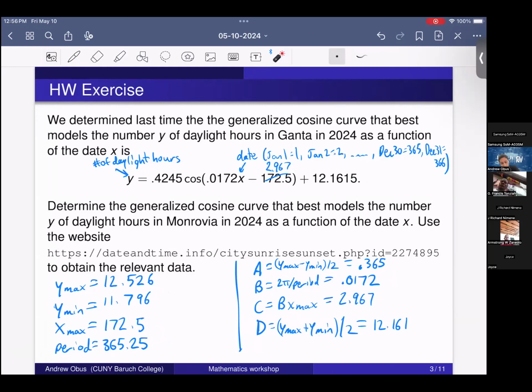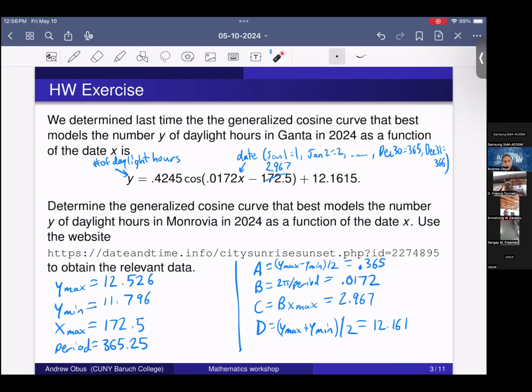And that's expressed with this A parameter, which represents the amplitude of our cosine curve, that is going to be a little bit smaller for Monrovia than it is for Ganta over here. That means in Ganta, the daylight hours fluctuate a little bit more than they do in Monrovia.